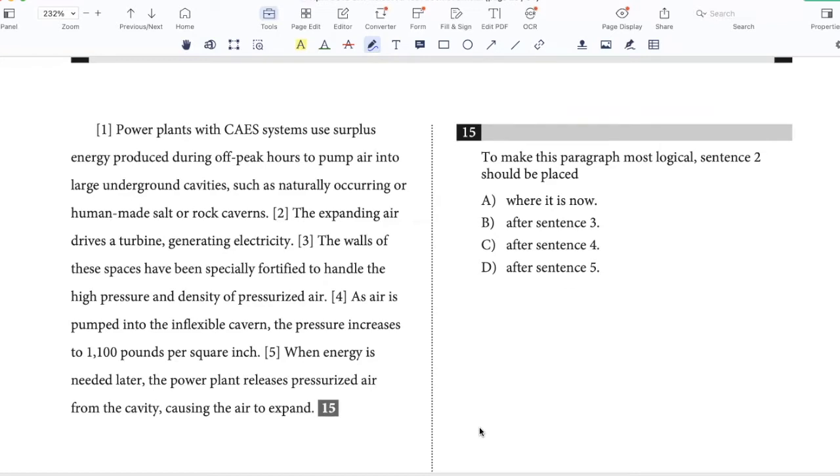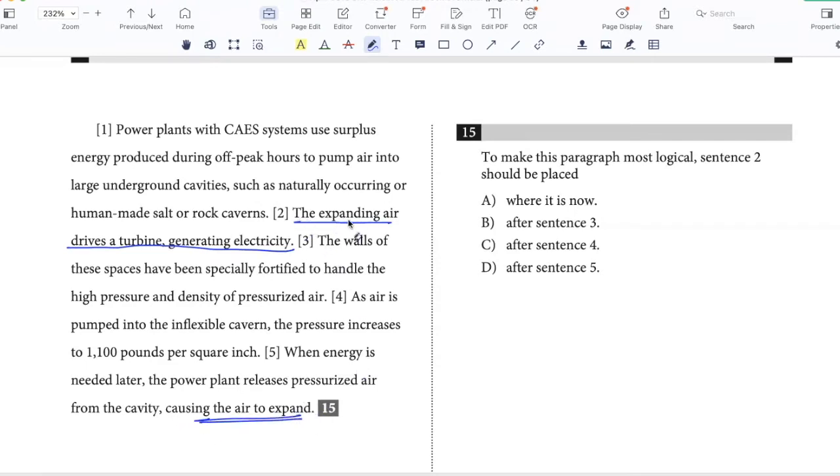To make this paragraph most logical, sentence 2 should be placed. So I'm looking at the expanding air drives the turbine generating electricity. So I can see that I was describing the process that takes place inside a CAES. And in the fifth sentence, I'm saying when energy is needed later, the power plant releases the pressurized air from the cavity, causing the air to expand.